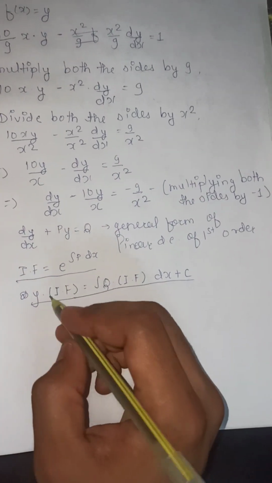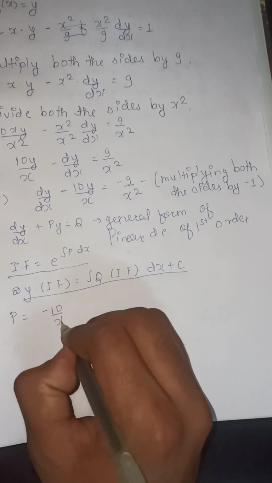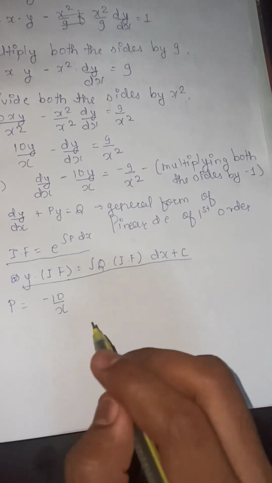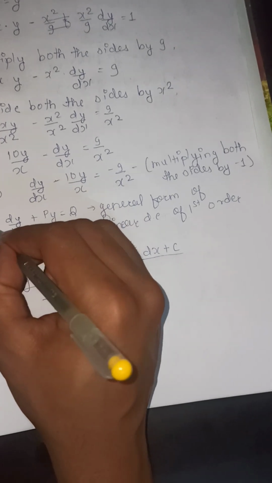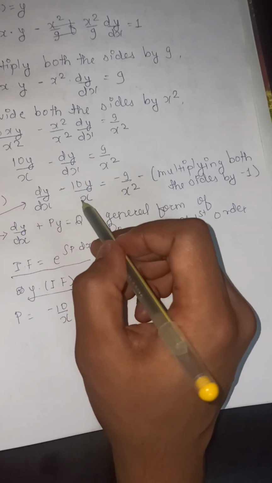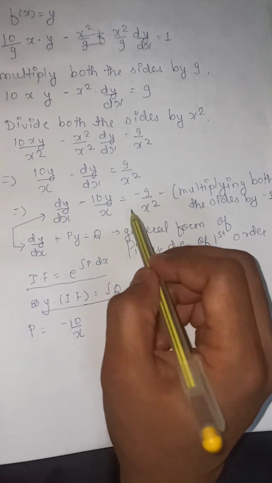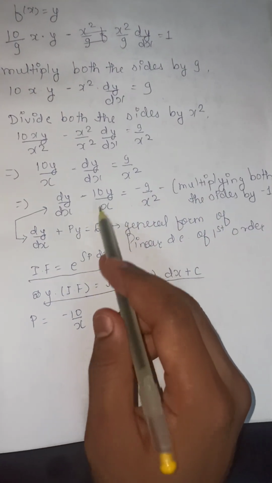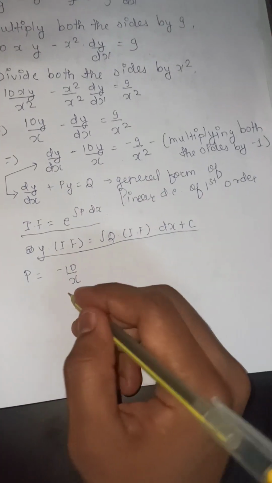Okay, so comparing, you must see that p is equal to minus 10 upon x, right? You may compare this general form and the linear differential equation we arrived at, and you may see p to be minus 10 upon x.